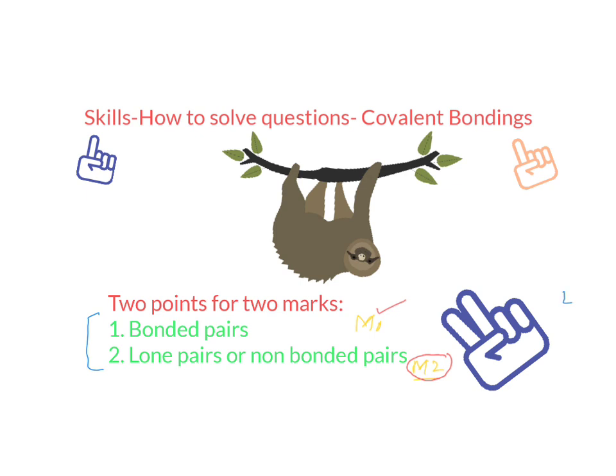We call them level 1, which are easier, and level 2, which are of course comparatively challenging questions. So let's see these questions, their levels, and how mark 2 depends on mark 1, and what the bonded pairs of electrons and the lone pairs of electrons are. So we go to the next slide and start the lesson, inshallah, on how you can solve these.